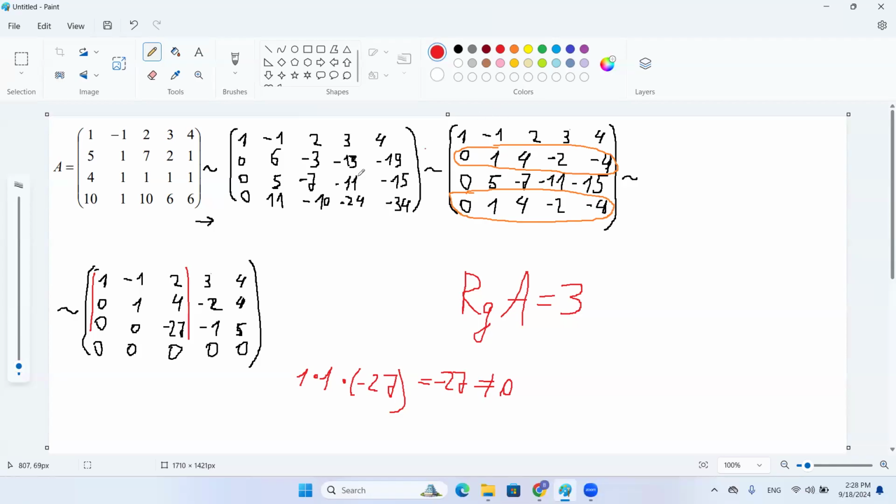By the way, you will use such operations a lot of times when solving systems of linear equations, so on the next lesson, actually. Did I answer your question or not?